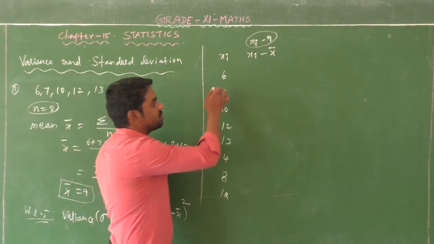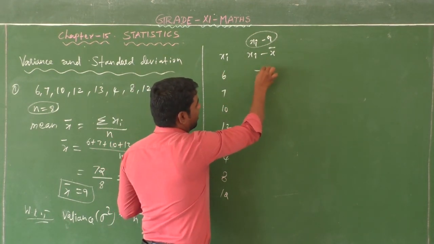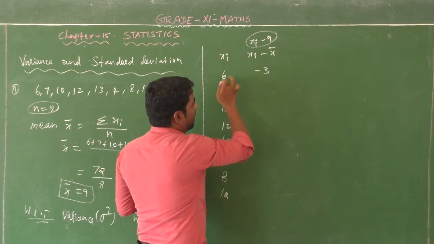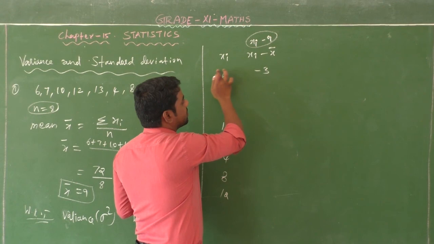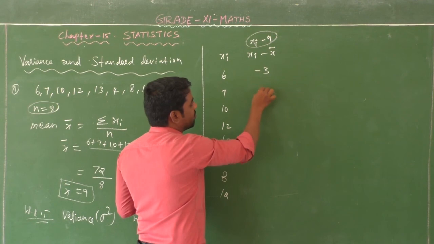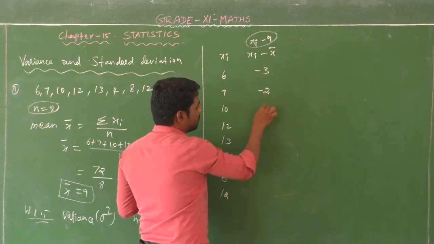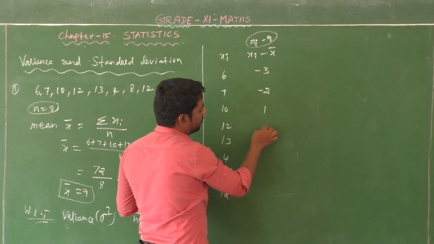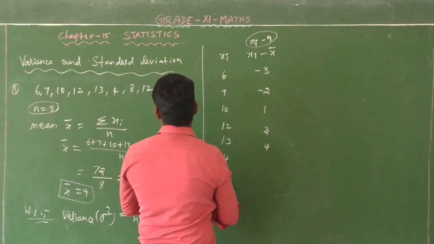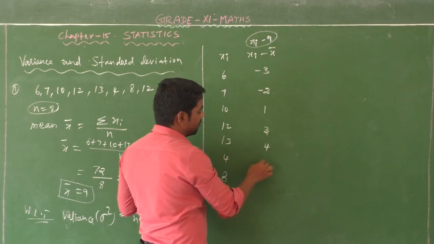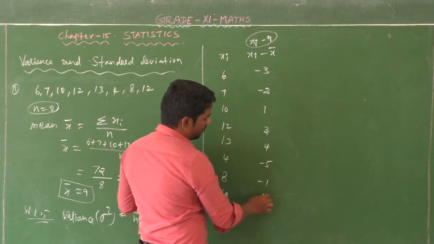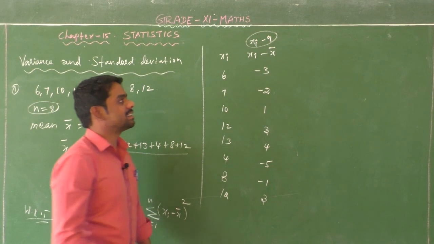So for the first one, x1 is 6, so 6 minus 9 is minus 3. x2 is 7, 7 minus 9 is minus 2. 10 minus 9 is plus 1. 12 minus 9 is plus 3, 13 minus 9 is plus 4, 4 minus 9 is minus 5, 8 minus 9 is minus 1, 12 minus 9 is plus 3. This is xi minus x bar.